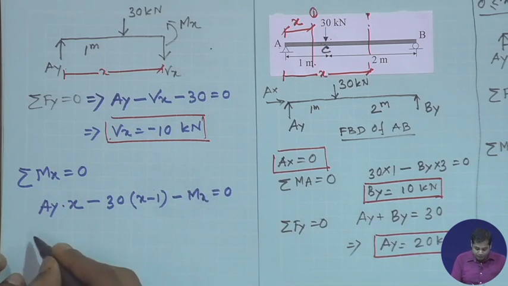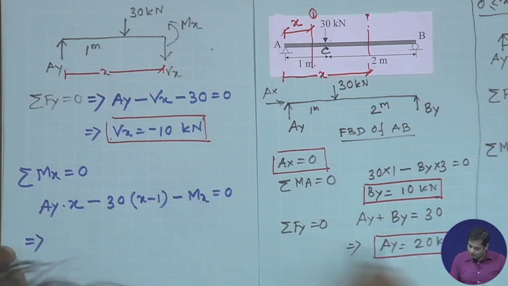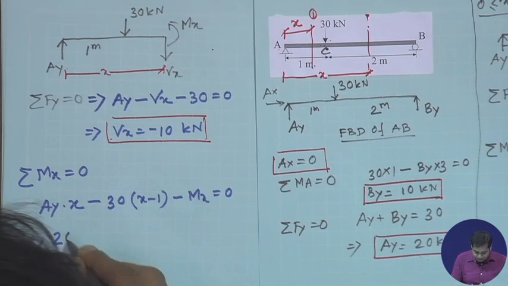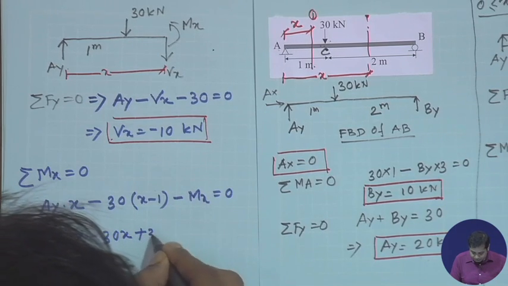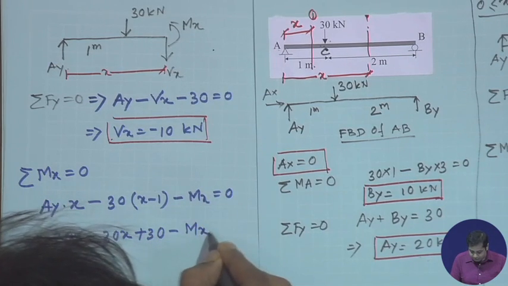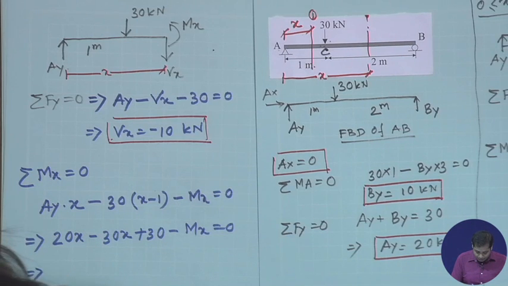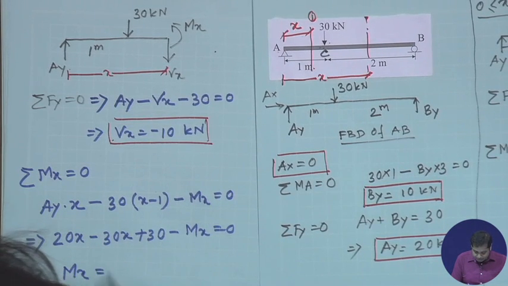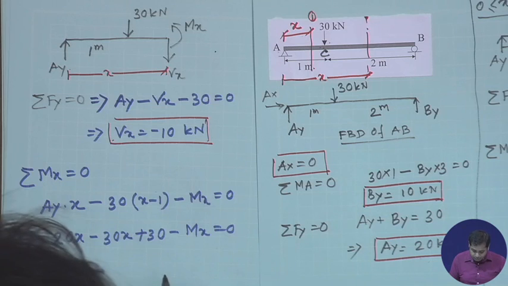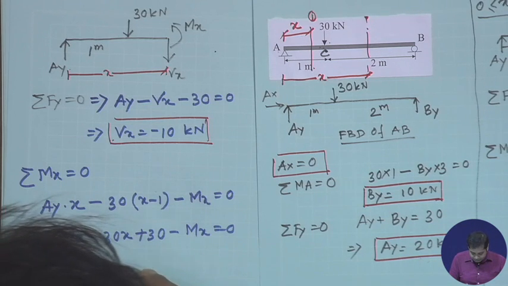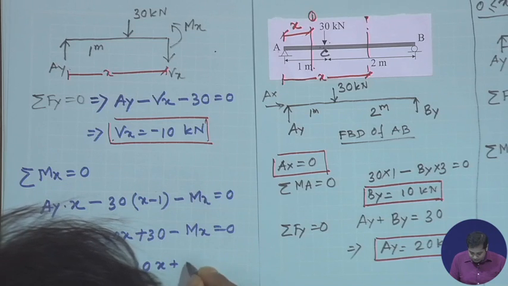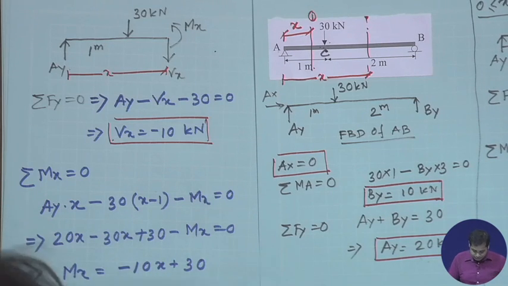This is 0, and Ay is equal to 20. So this gives you 20x minus 30x plus 30 minus Mx is equal to 0, and Mx is equal to minus 10x plus 30.